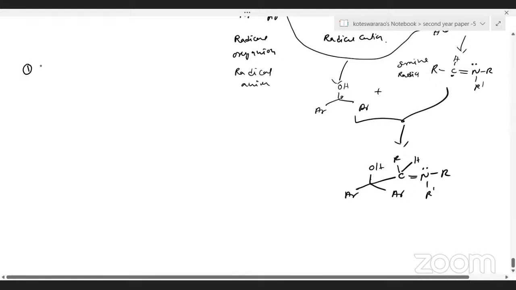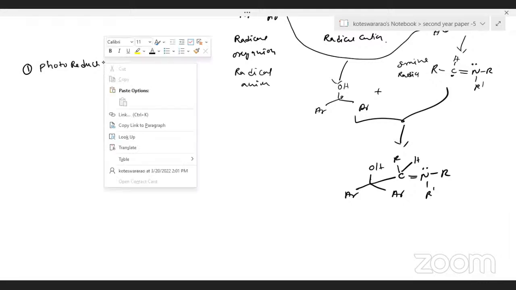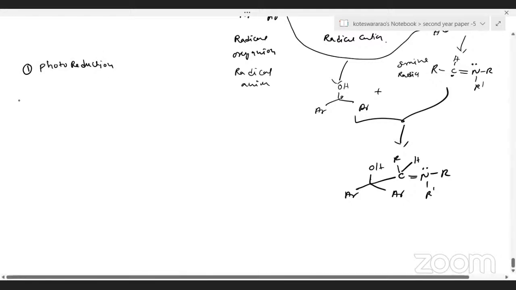The first one is photoreduction. The second one is the Paterno-Büchi reaction. The third one is Norrish type cleavages.